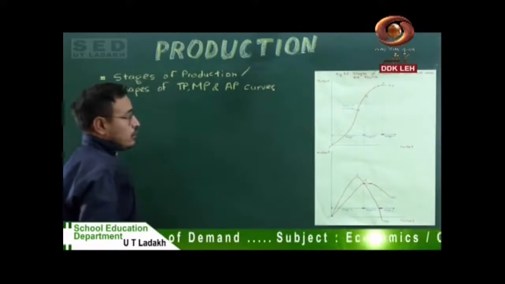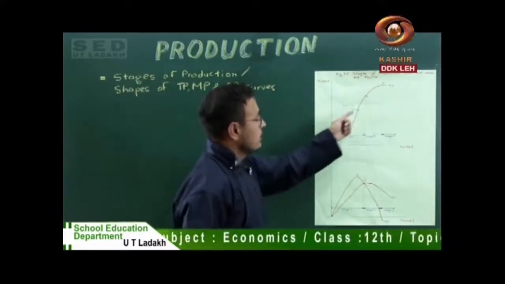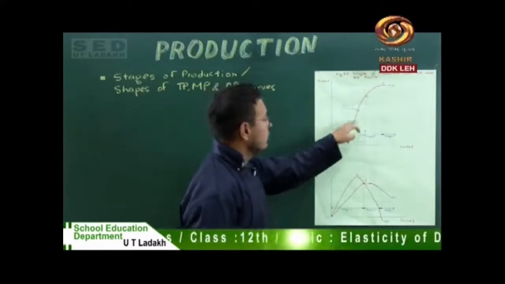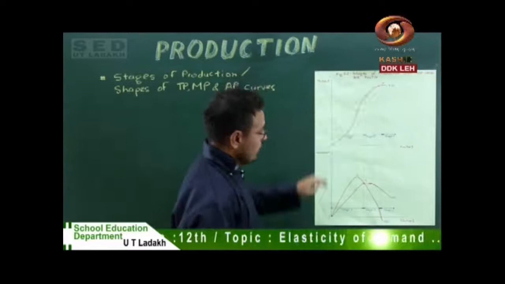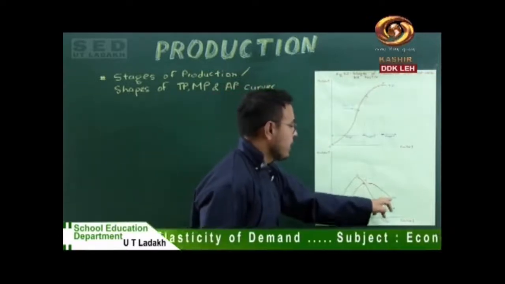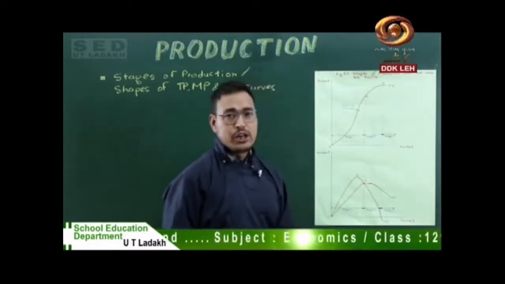So this graph represents the shape of the curves. This is your total productivity curve. In the next one I have drawn the average productivity or AP curve and the marginal product curve.